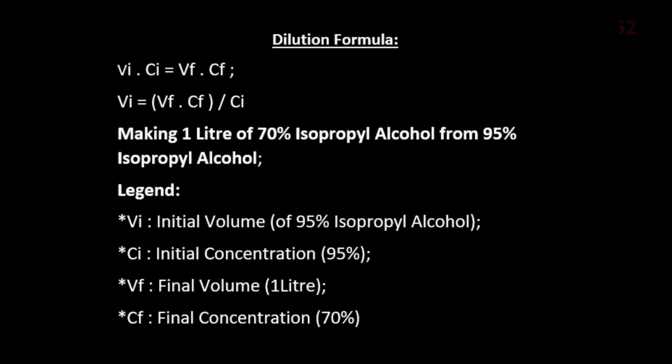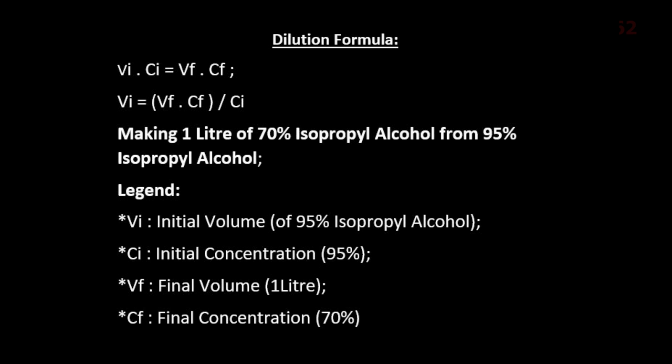Let's consider making 1 liter of 70% isopropyl alcohol from 95% isopropyl alcohol. Before we get to calculation, let's give the legend first. Vi stands for initial volume, simply the initial volume of the 95% isopropyl alcohol. Ci stands for initial concentration.